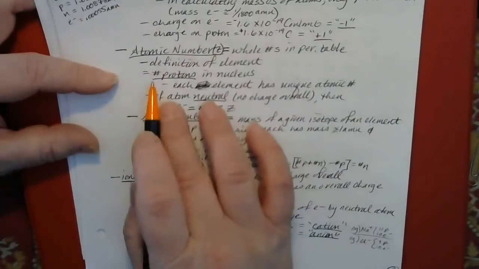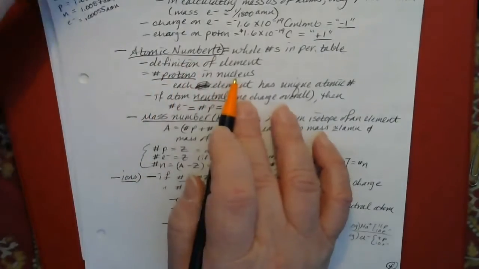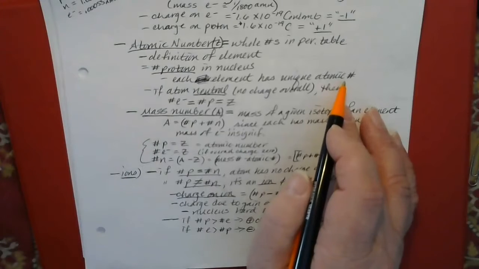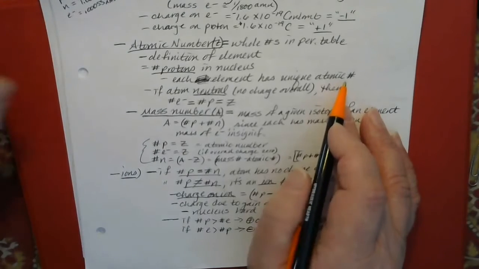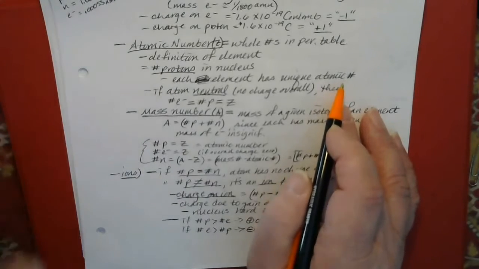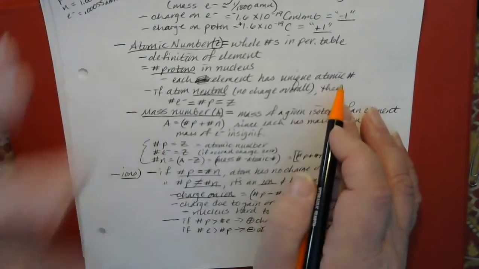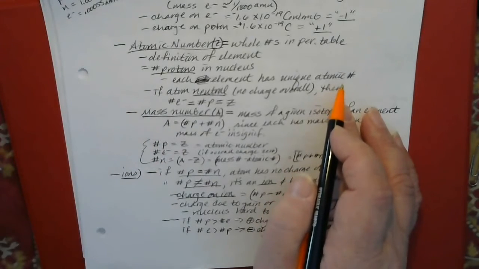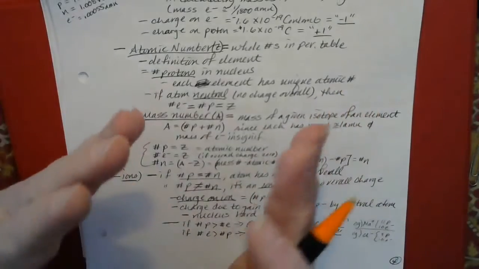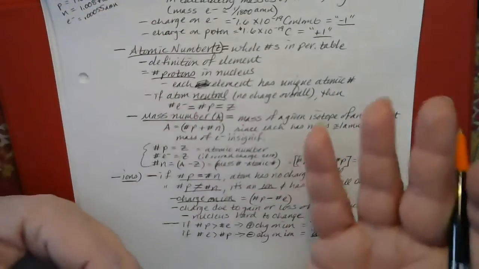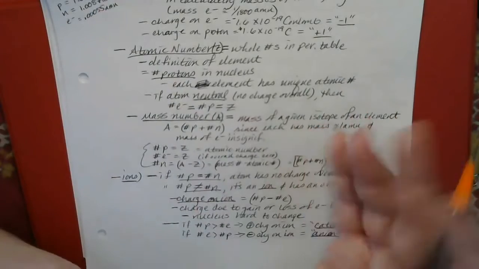Okay, and the atomic number is the number of protons in the nucleus. Each element has a unique atomic number, and that means each element has a unique number of protons in the nucleus. If you've got 2 atoms and they've got the same number of protons in the nucleus, then they are the same element, no matter what else might be different. It is possible for atoms of the same element to have a different number of neutrons and a different number of electrons.